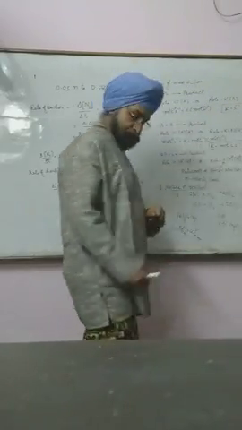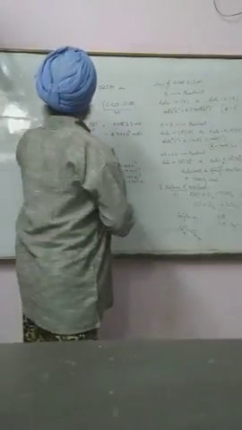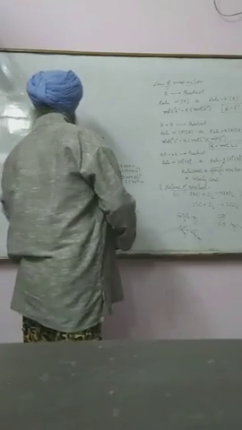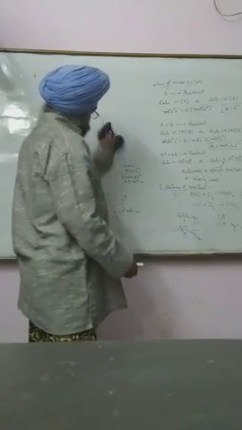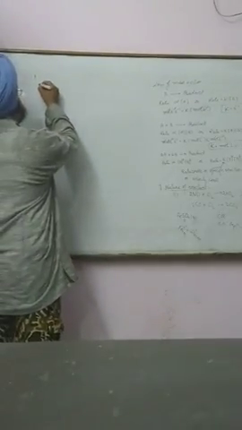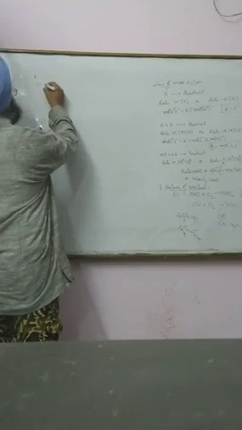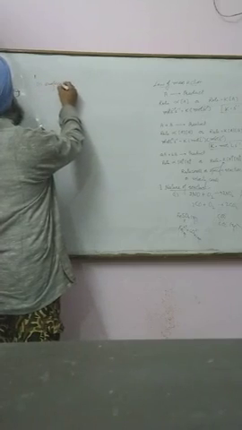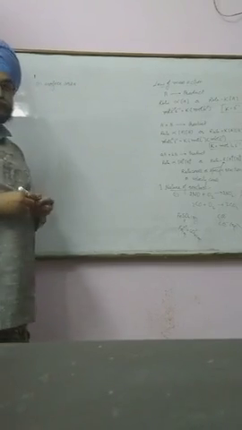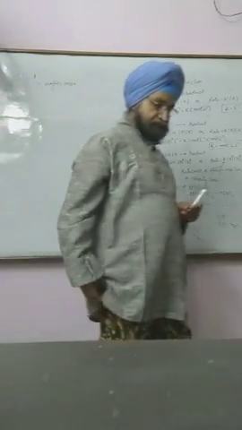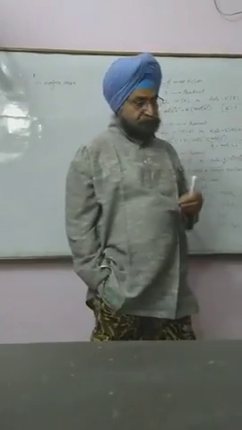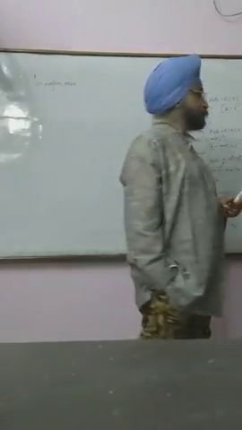Another part of the nature of reactant is surface area, but this factor is only applicable in case of heterogeneous reactions. There are two types of reactions, homogeneous and heterogeneous reactions.